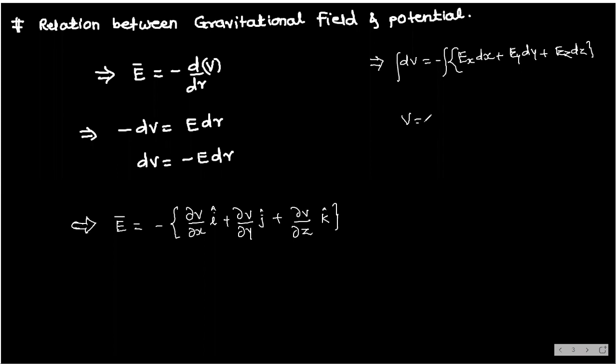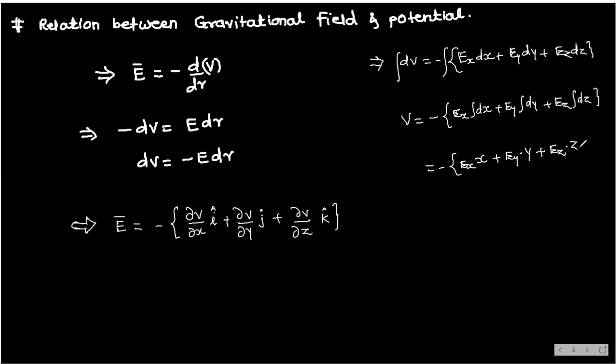Integration of dV is V, minus Ex integration of dx plus Ey integration of dy plus Ez integration of dz. So this is equal to minus Ex, integration of dx is x, plus Ey, integration of dy is y, plus Ez, integration of dz is z. Right? So this is the phi formula.